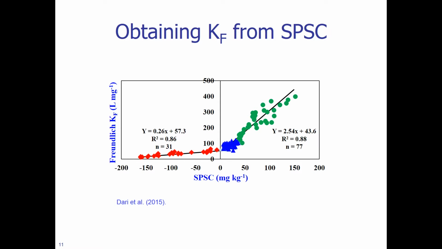But when SPSC is negative, that is above the change point, rather than showing the KL value that's suggested, there is no P retention, the KF value actually is linearly related as shown in this diagram. And therefore, KF can be obtained for both positive and negative SPSC values.